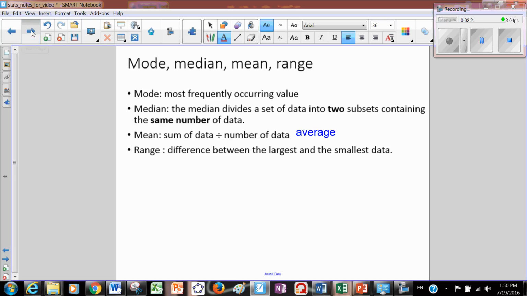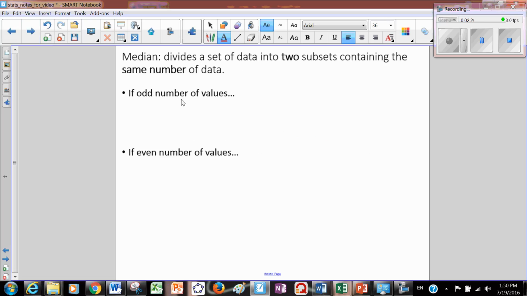It's an easy one. The median is the one we're going to work with most because we're going to need it later for the Box-and-Whisker plot. It divides a set into two subsets containing the same number of data. For example, if you have an odd number of data, say 1, 3, 5, 7, 9, 12, and 15.